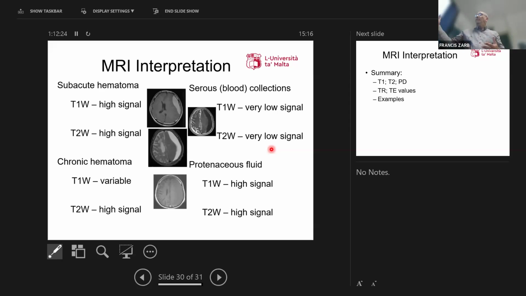But based on the different types of contrast in the image, you can make quite a confident differential diagnosis compared to other imaging modalities. So it's worth the long scanning time because you're getting more information.